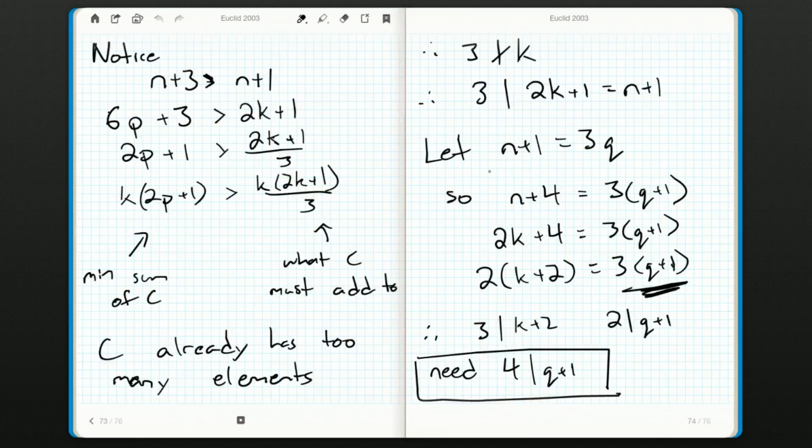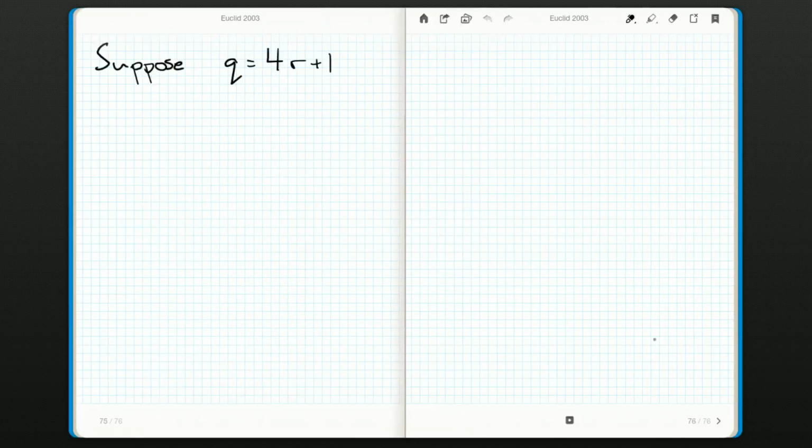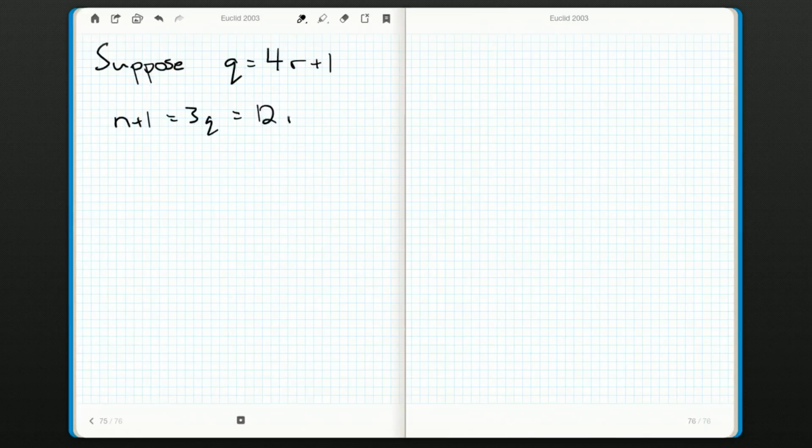So n plus 1 is 3 times q. That's 12r plus 3. So n is 12r plus 2. Still not quite sure how this is helping us, but we'll do it. 2 times (6r plus 1).